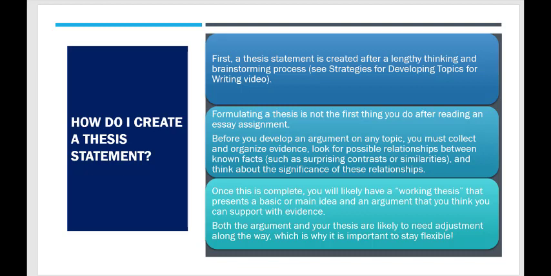So we have to really pinpoint exactly what it is that we are going to write. And so usually, when we have a first draft or first round of a thesis statement, it's very broad. And what students come to find out is that they're trying to cover way too much. So this tends to be sort of our working thesis that gives us a sense of direction, and that's okay.